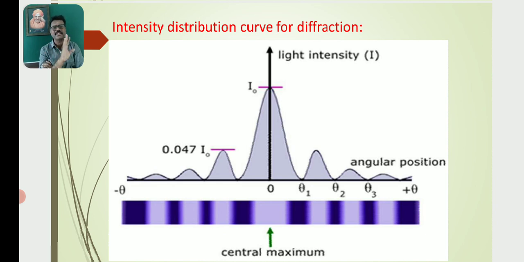All the bright fringes are not of the same intensity. All the dark fringes do not have zero intensity. All the fringes are not of the same width. That is the difference between the interference pattern and the diffraction pattern.